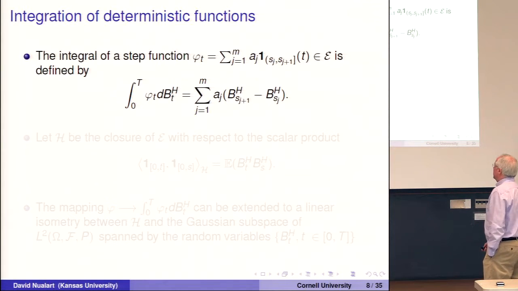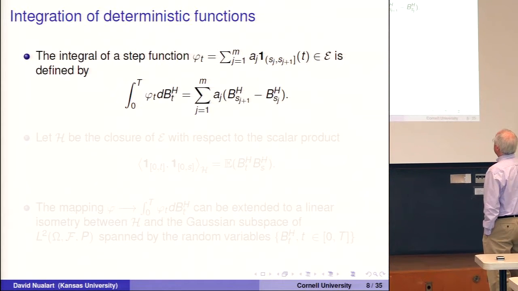So you take step functions phi, okay? So these are the set of step functions E, and then you define the integral. So this is a deterministic function, and the integral is just the sum, okay? The corresponding Riemann sum.